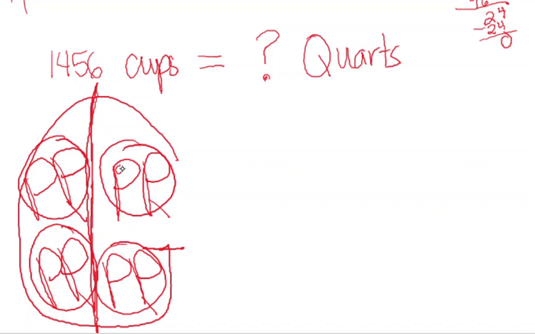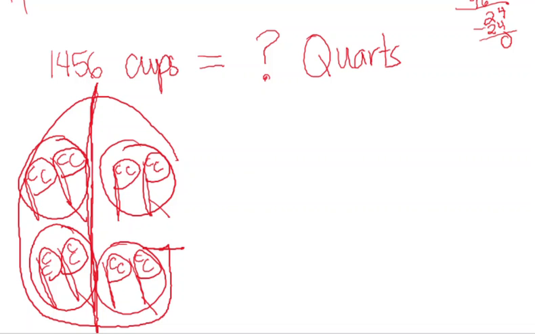So I'm going to put 2 C's in each pint to show that there are 2 cups in each pint. So now if I wanted to know how many cups were in a gallon, I could count the number of C's in the entire G. 1 through 16. There are 16 cups in a gallon.